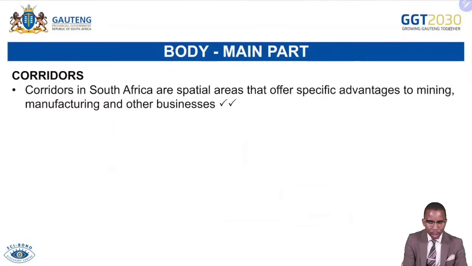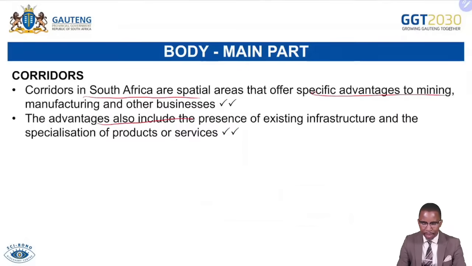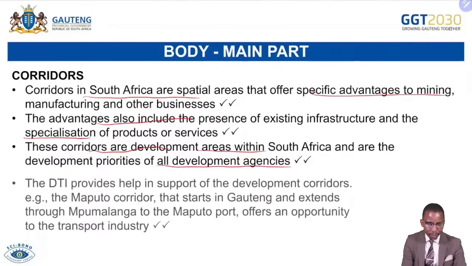Corridors. Corridors in South Africa are special areas that offer specific advantages to mining, manufacturing, and other businesses. The advantages also include the presence of existing infrastructure and the specialization of the product or services. These corridors are development areas within South Africa and the development priorities of all development agencies.